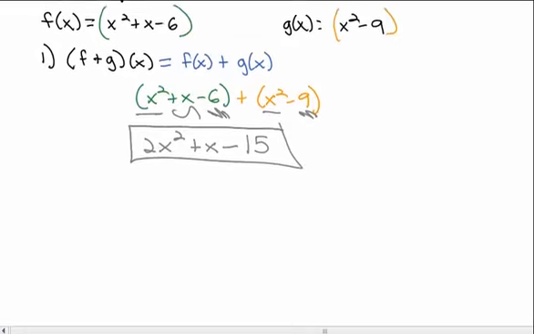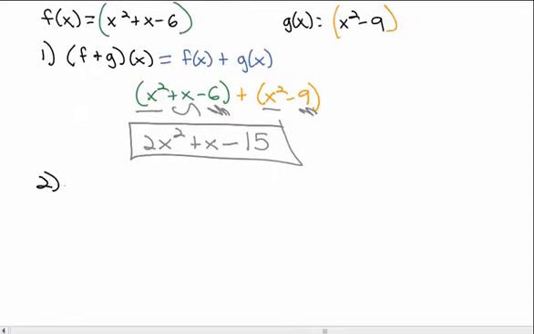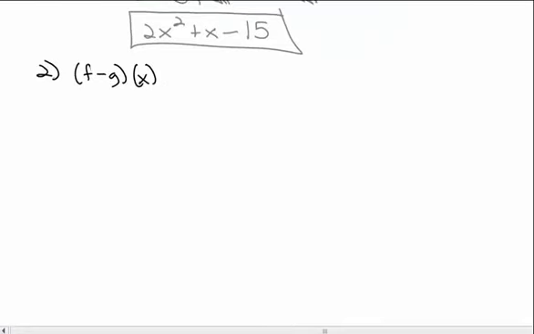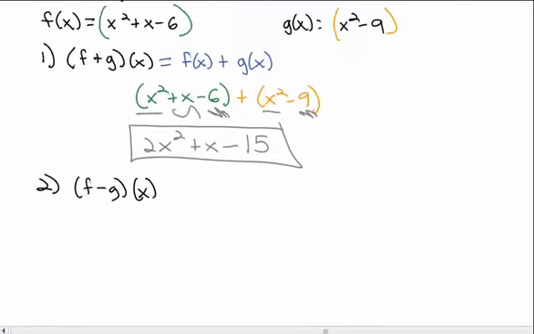This idea works much the same way with subtraction. If we wanted to find out what f minus g of x was, what this really means we're going to do is take this f of x and subtract whatever g of x is.